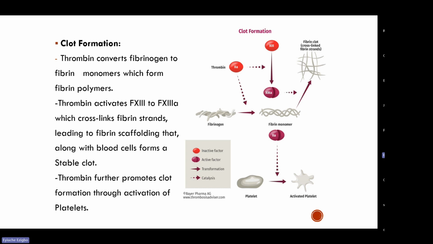Thrombin further promotes clot formation through activation of platelets. You see thrombin activates platelets, activates factor 13, activates fibrinogen, and goes back to activate factor 9. So when you sit down, write out the roles of thrombin so that you'll be able to memorize it.